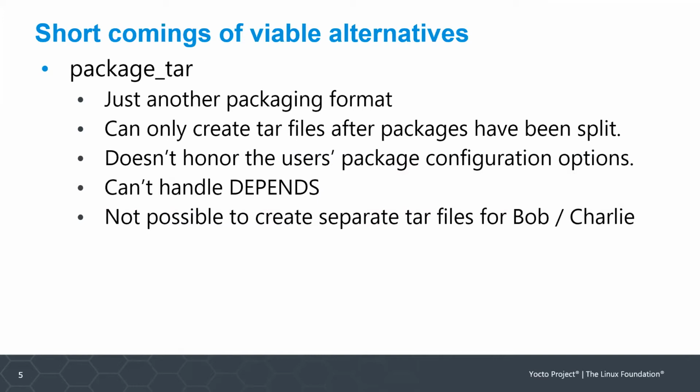Let's say even if we want to go ahead and decide to package the package D directory, even that does not scale very well, because let's say if the user is already using another packaging format, let's say IPK or RPM, then this package star is going to be altogether a new different packaging format for them, and it will be very difficult for them to convert from the star to RPM again.